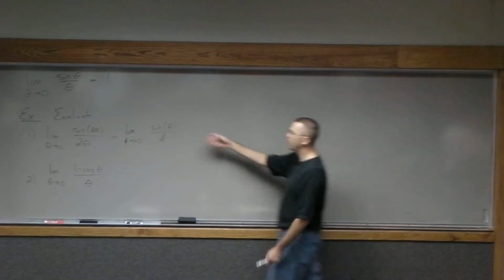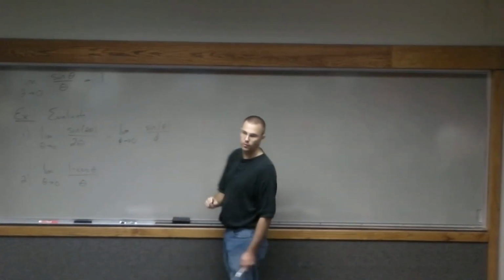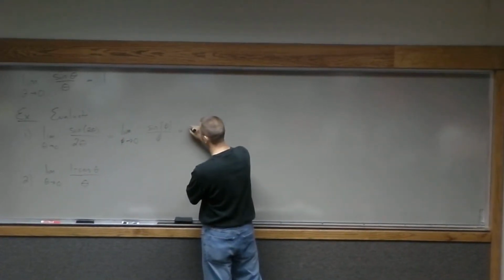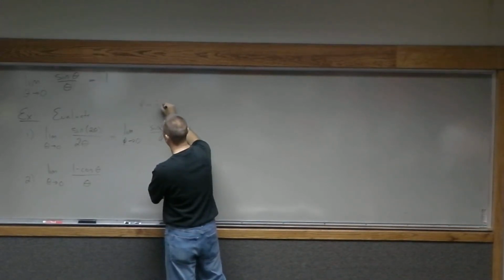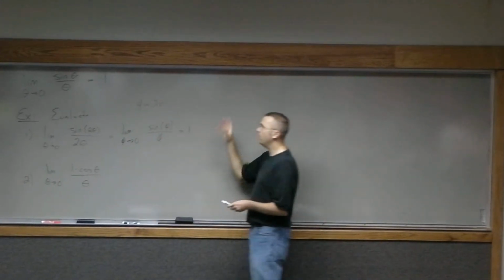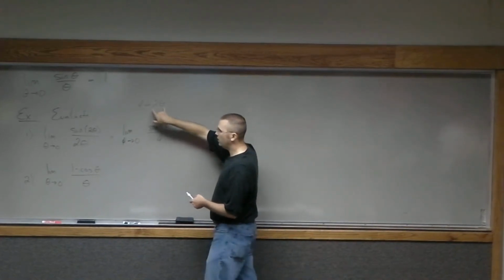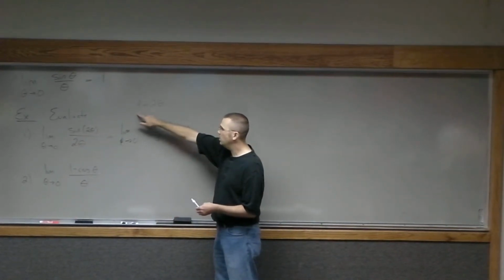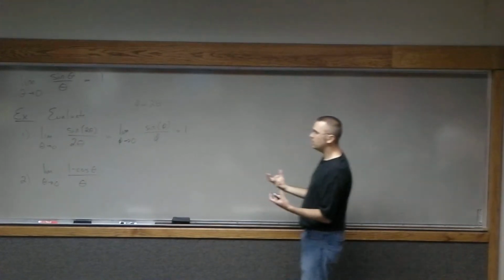It has to be equal to 1, because this limit is exactly the same as the one up here, right? So this is still equal to 1. All we've done is make the substitution that phi is equal to 2 theta. And the nice thing is that since 2 theta goes to 0 as theta goes to 0, phi also goes to 0 as theta goes to 0. That's the key thing here.